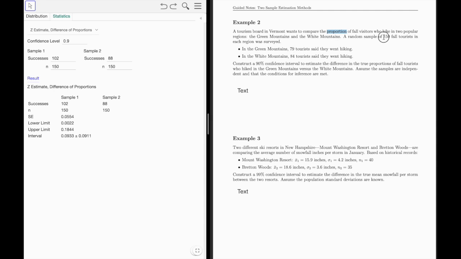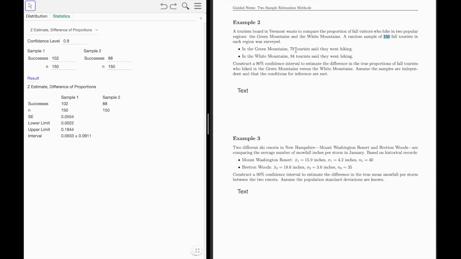So our sample size is 150, so that's our n. I would take 150 times the probability of success, which would be 79 out of 150. When I multiply that, I get something definitely bigger than 5. When I take the complement for the n times q, the number of failures would be 71 because that's what's left over from 79.